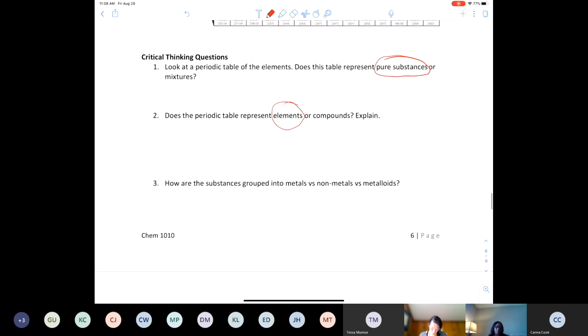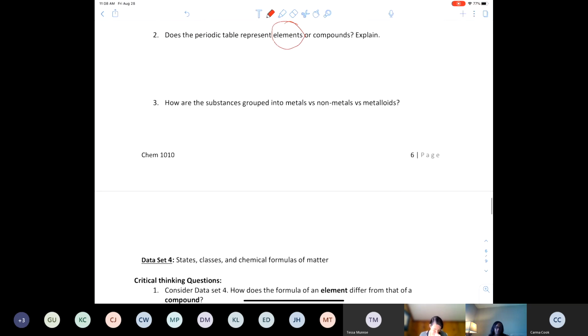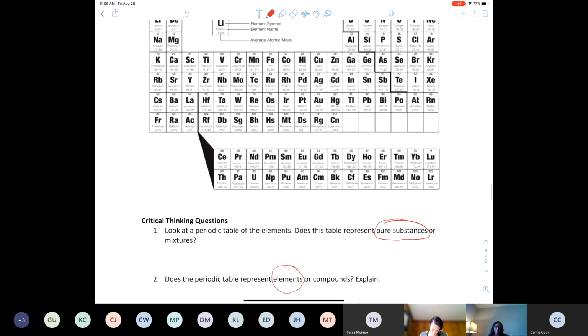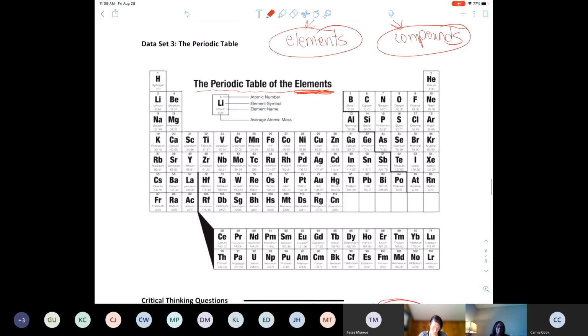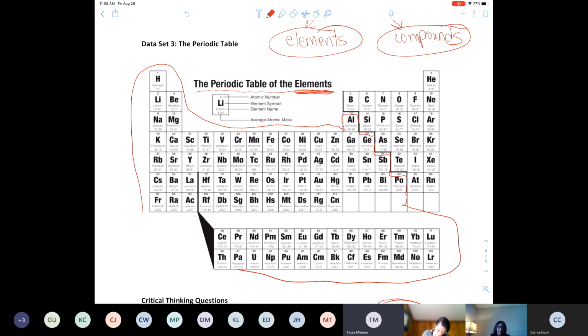So how are substances grouped into metals versus nonmetals versus metalloids on the periodic table? Wasn't it the location? Mm-hmm. Very good. All of these guys are metals.